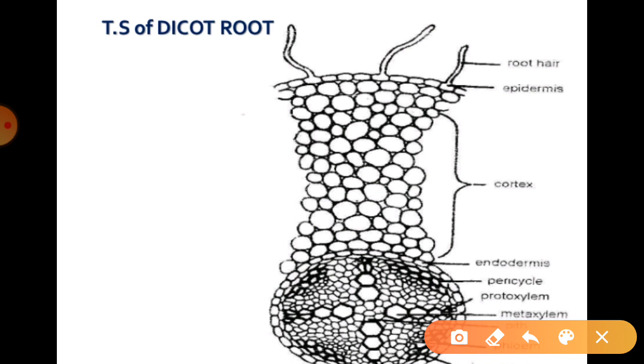Means when the protoxylem is in the outside or peripheral region and the metaxylem is in the center towards the pith region, that condition is known as exarch, right? And we can say the phloem and xylem bundles are separated from each other by one or more layers of small thin walled cells, that are called conjunctive tissues.